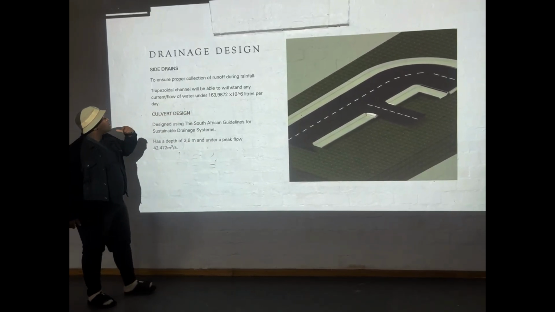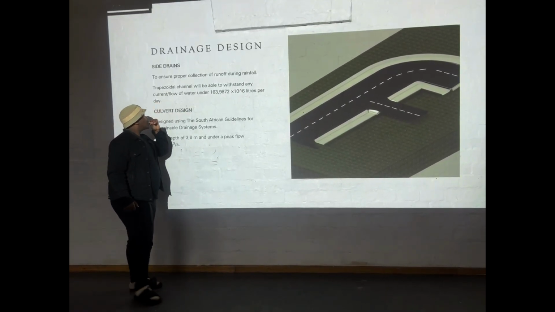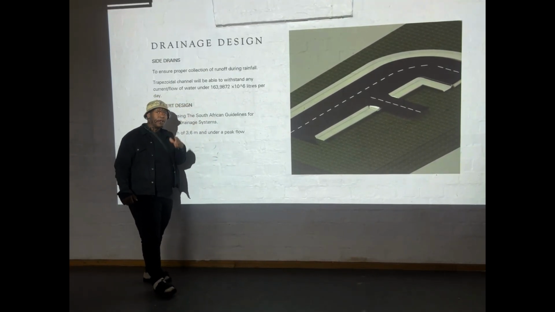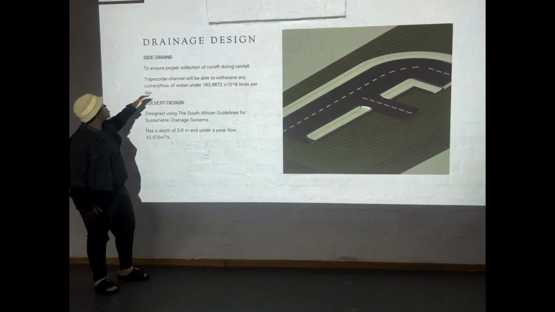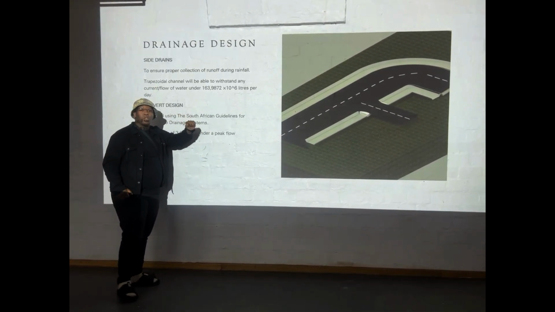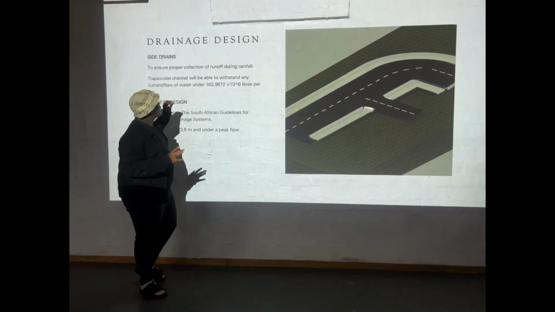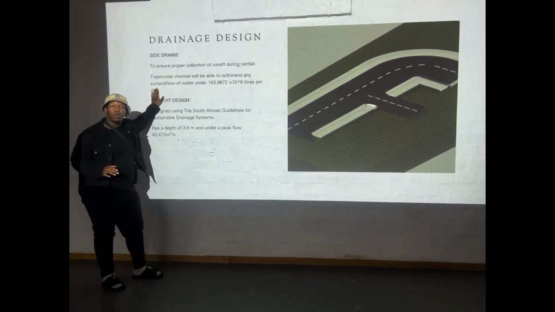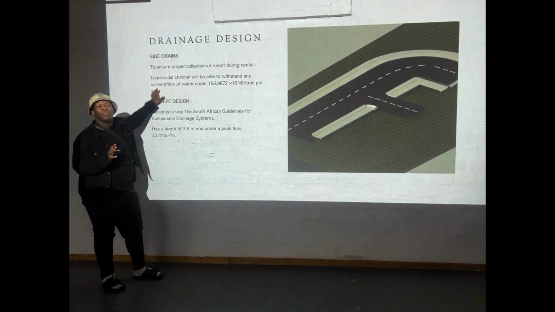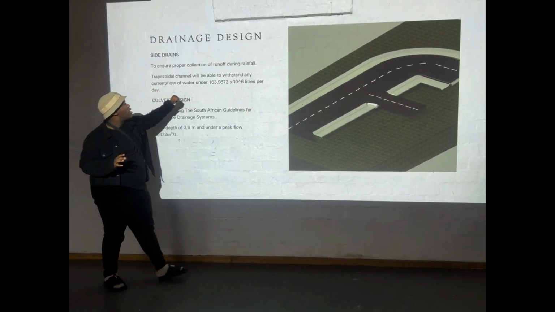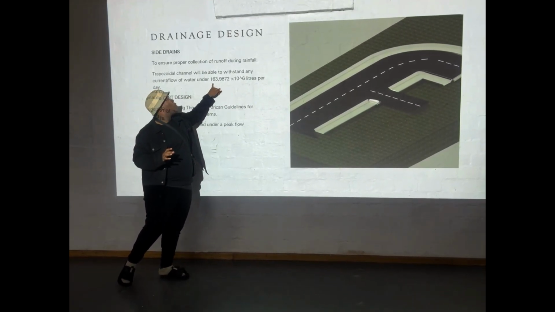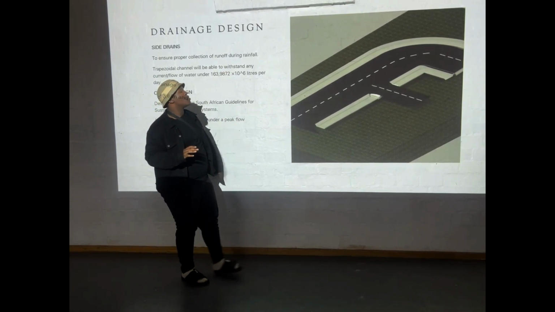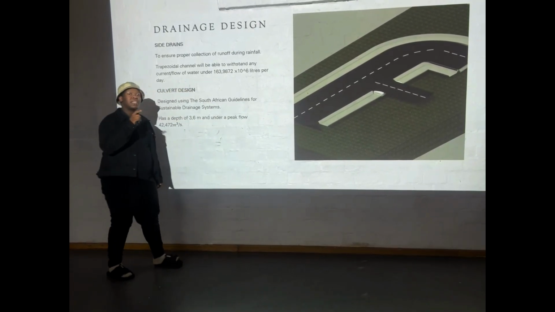When we did the calculation, the side drains were to ensure proper collection of runoff during rainfall. And in our calculation, we did a trapezoidal channel using Chezy's equation, where we were able to determine the amount of water it can withstand in a day. And the answer we got was 163,9872 times 10 to the power of 6 liters per day.